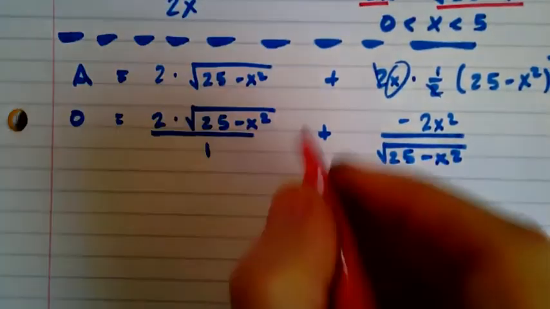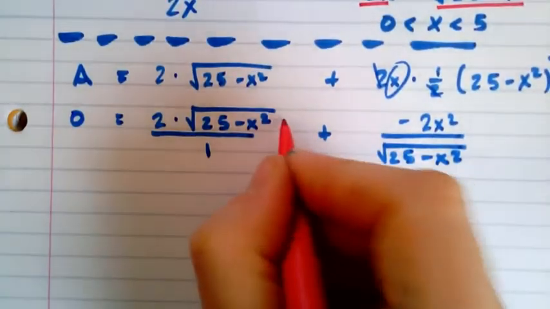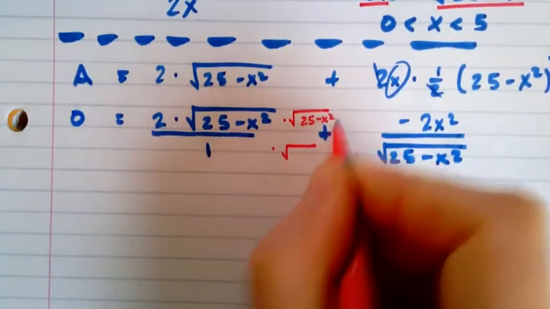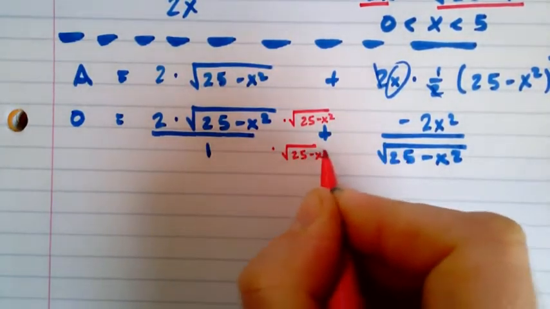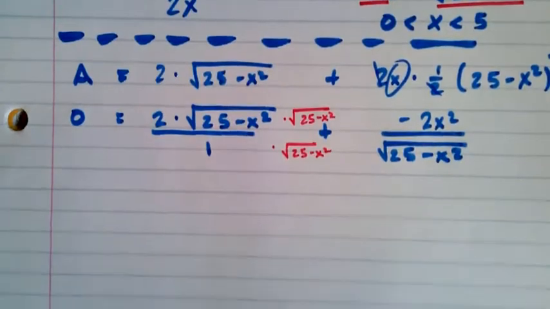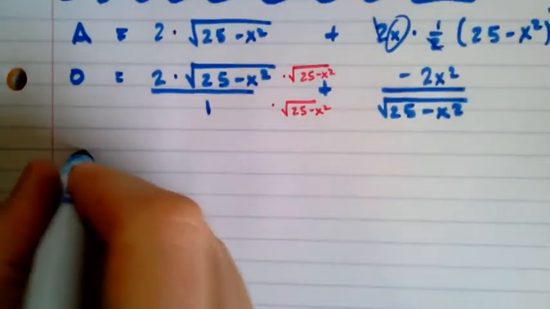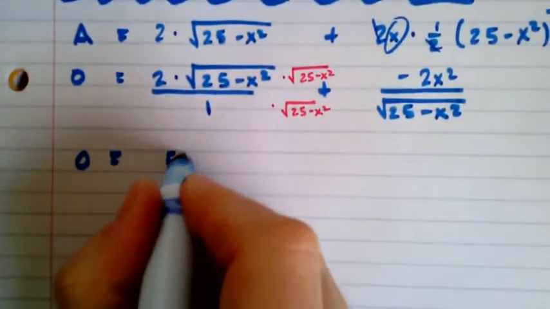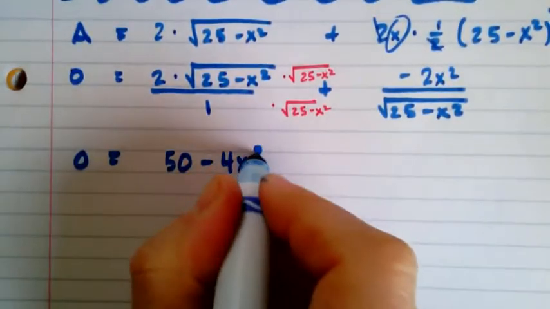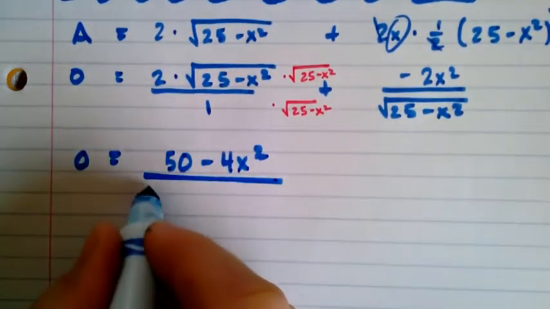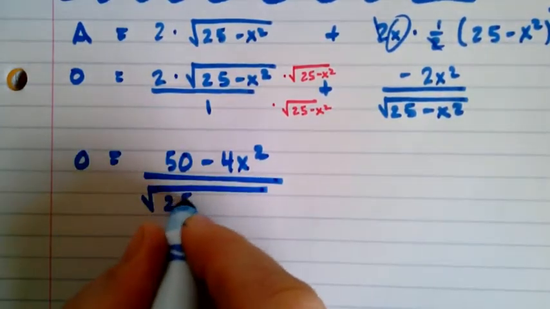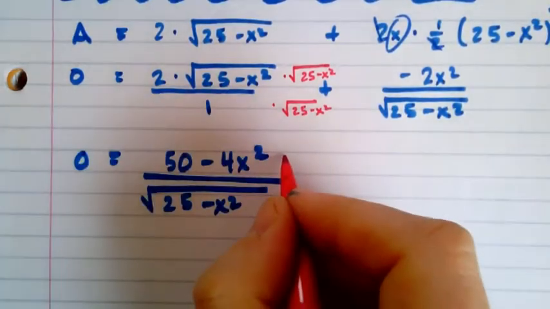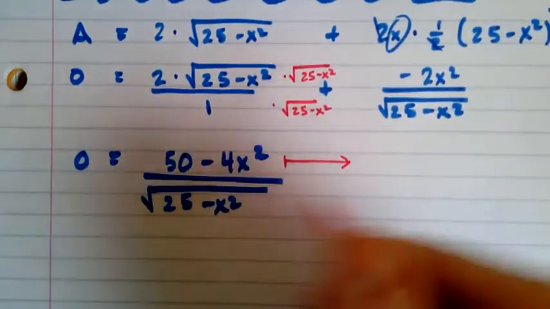In order to solve that, we're going to need a common denominator. So multiply by the root here and here. When you do that, you should come up with 50 minus 4x squared, all divided by the root. And we know that this will all be 0 if the numerator is 0.